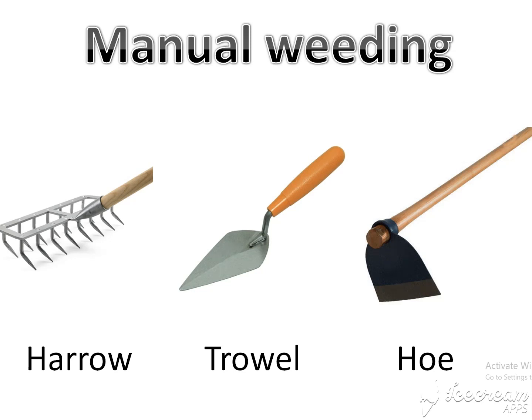Here weeds are uprooted or removed or plucked by hand or with the help of some implements called harrow, trowel and hoe. Have you seen these implements? Yes. So weeds can be removed by hand, or by using these implements like harrow, trowel and hoe.